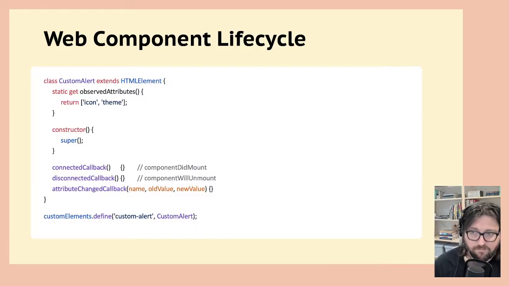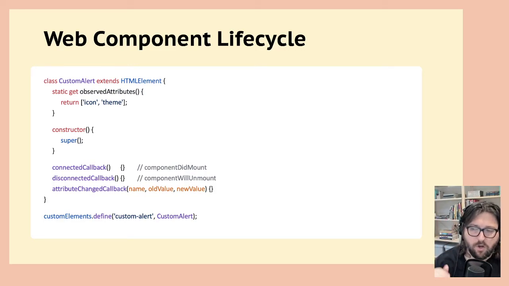This should be fun. Okay, so every web component has a lifecycle. A lifecycle is basically a set of events that are called in order, right? So the first thing it does is call the constructor, and that's just like programming JavaScript classes. They call the constructor, and the super function means make this custom alert look like an element.